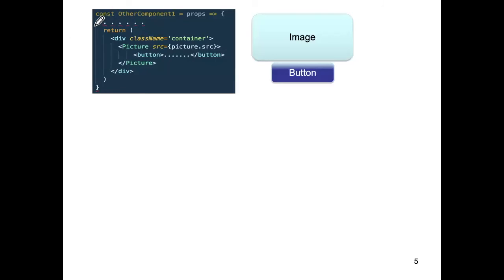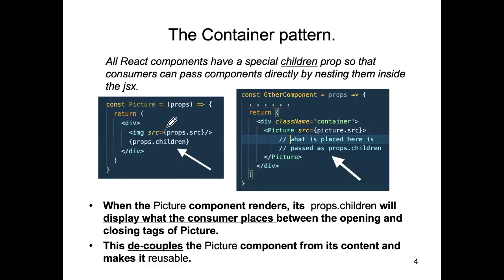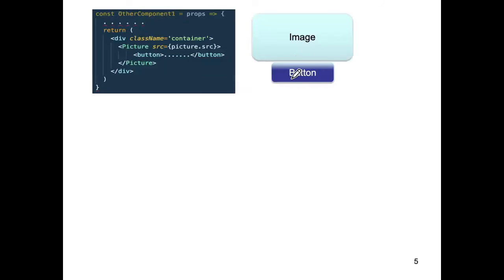Well, I suppose they're not abstract, they're very specific. Here I've got a consumer component, and it has placed a button in between the picture opening and closing tag. So button is now going to be my props.children. And so what's going to be rendered on the screen is the image, followed by the button.